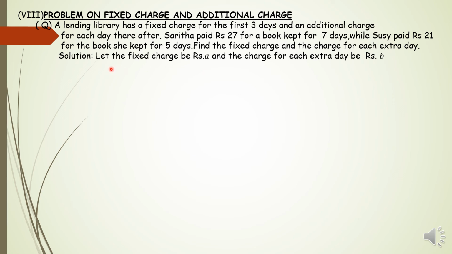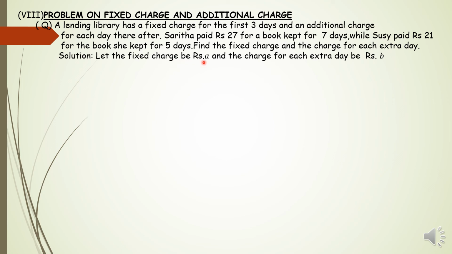Solution. Let the fixed charge be rupees A. Here I am taking the variable as A. You can take any variable, you can take it as X and Y also.